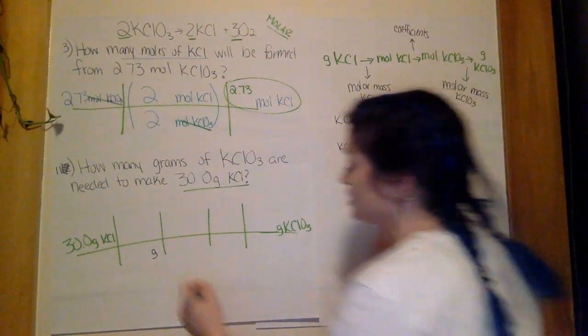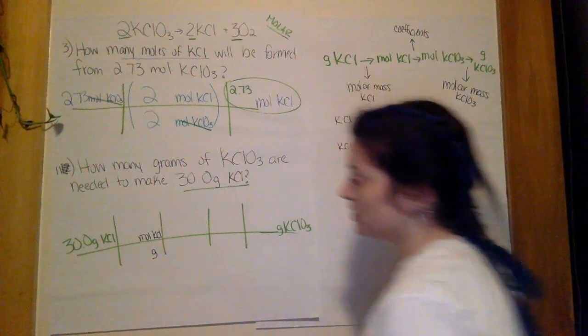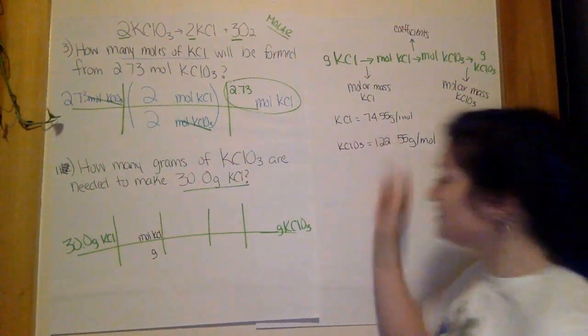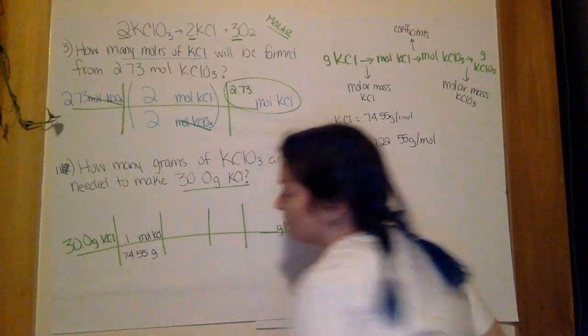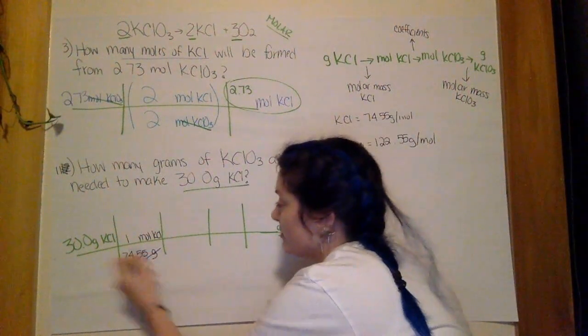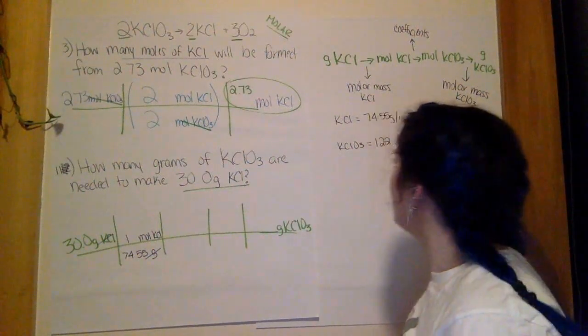The moles should go on top, and again, we're still in moles of KCl. That conversion factor is 74.55 grams per 1 mole of KCl. When I do that, I get out of my unit of gram, and now I'm in units of moles of KCl. Okay, cool. However, I'm not done.